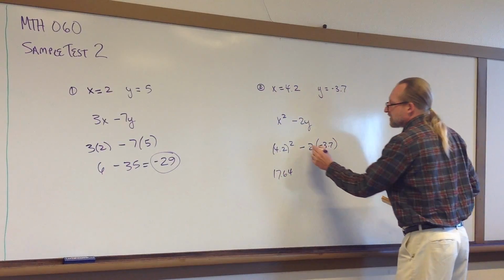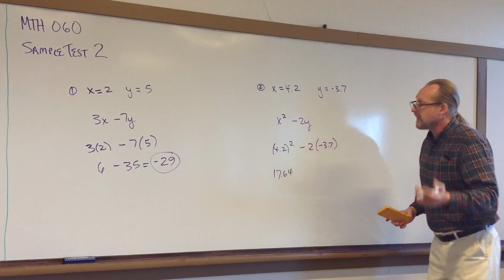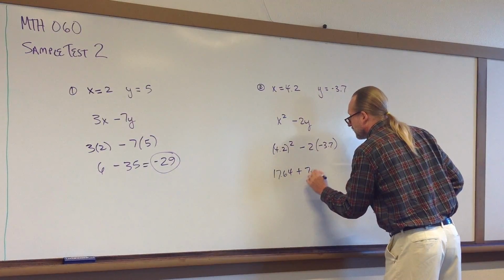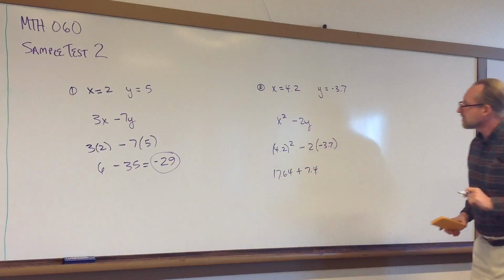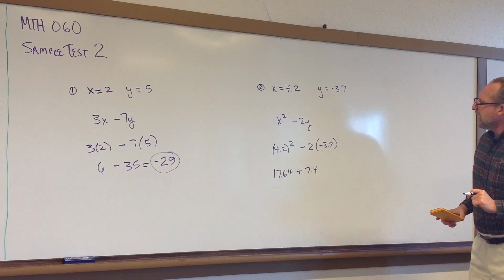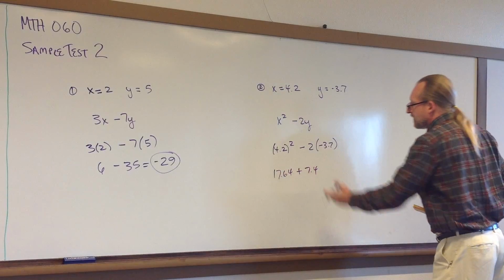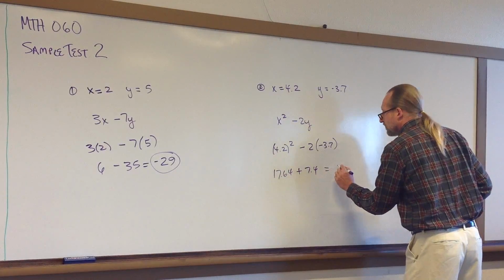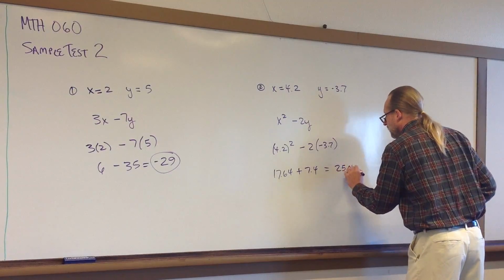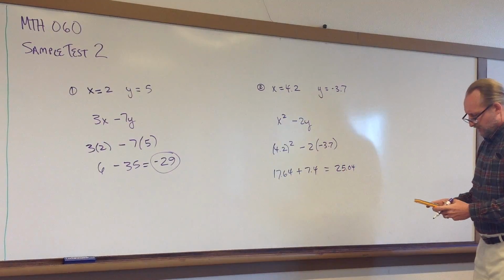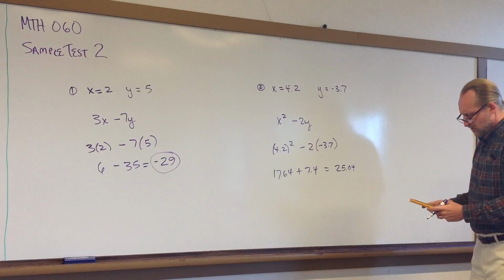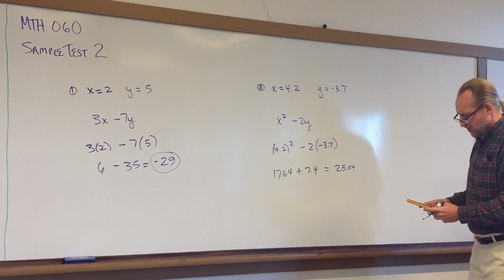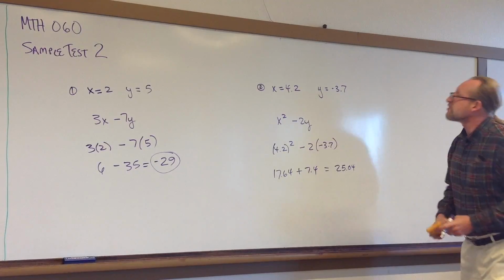And then this is a negative 2 times a negative 3.7. So that will give us a positive 7.4. And so then we got to do 17.64 plus 7.4, and that should be 25.04. Let me double check that. 25.04. Okay.